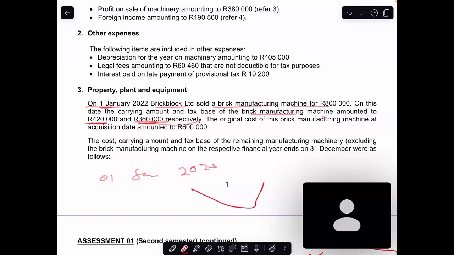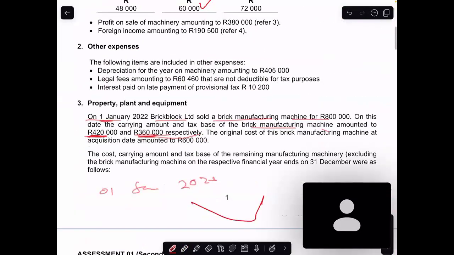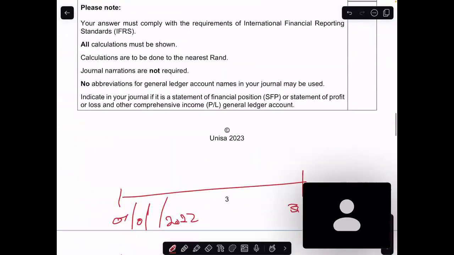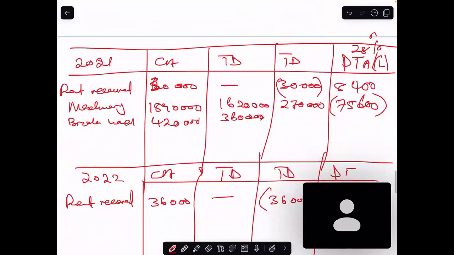So let's go back to 2021 at this brick manufacturing machine. We're given the carrying amount and the tax base. It's a matter of English there. They said 420 and 360, giving us a difference of 60, that is 40 plus 20.